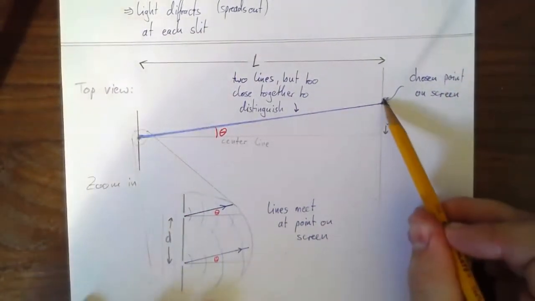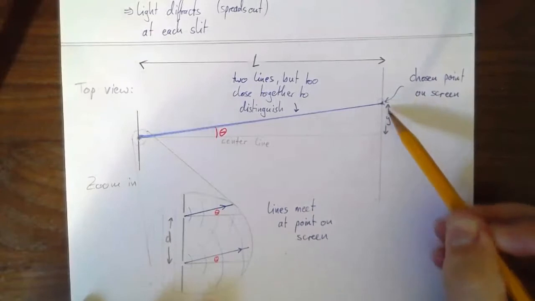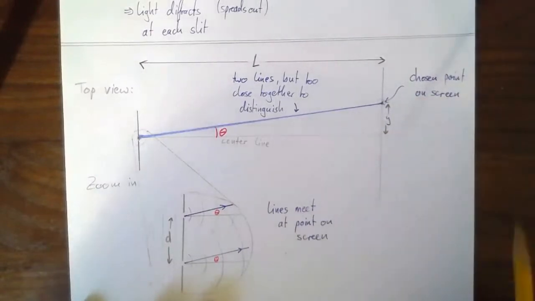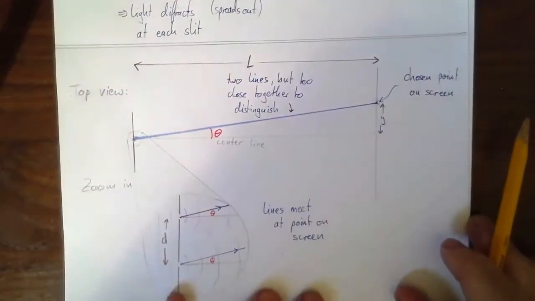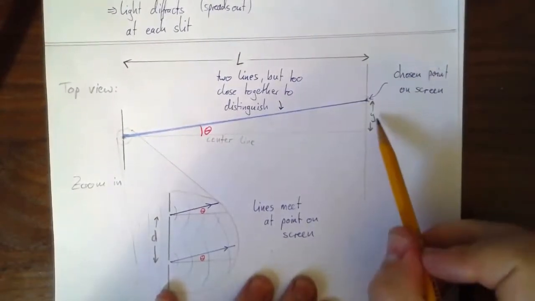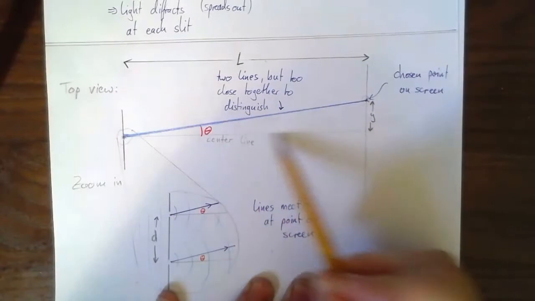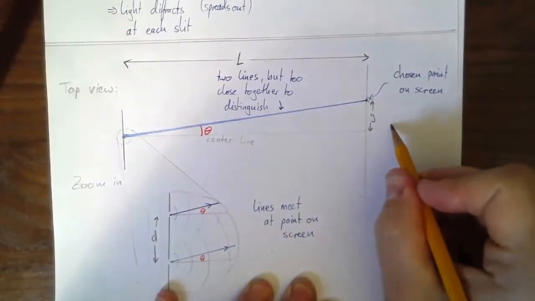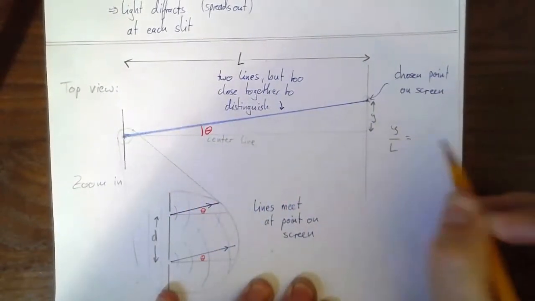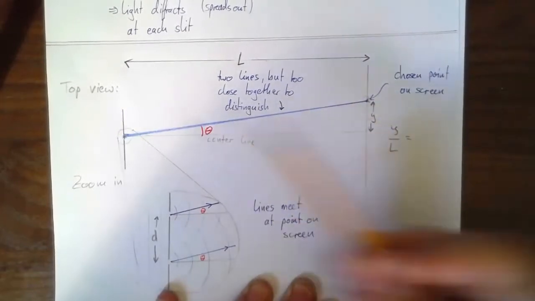Then imagine I pick some point here that's a distance y from the center. Just geometrically, y over L, this length over this length here, is technically the tan of this angle.